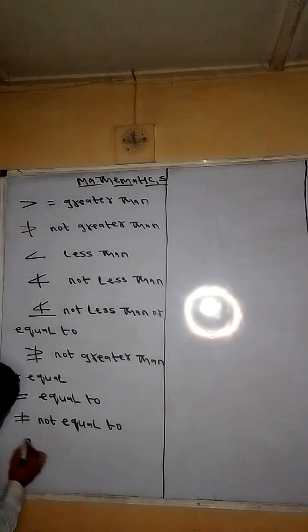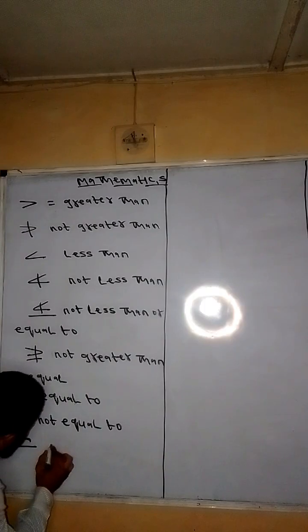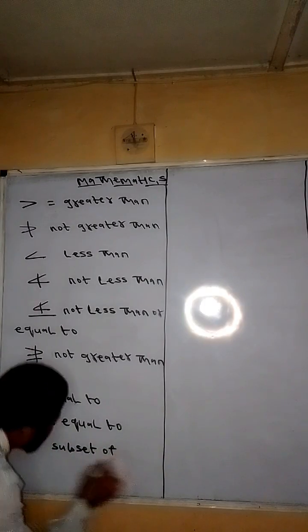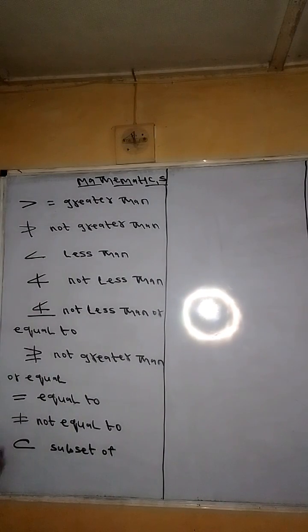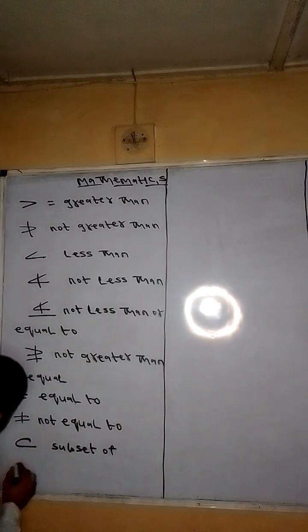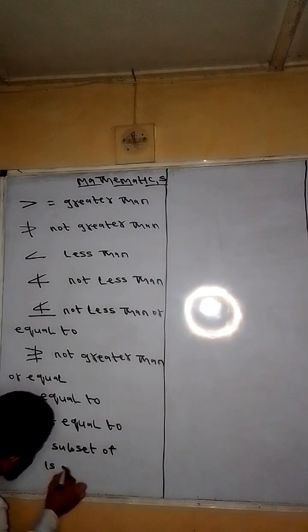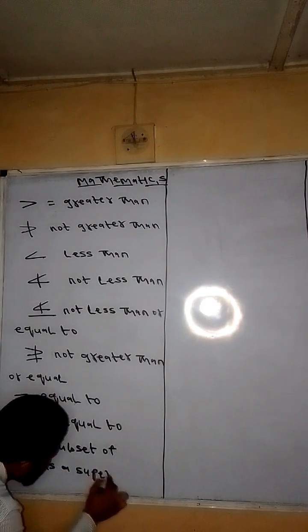Now, if we see something like this, it means a subset of. And what is a subset? A subset is a set that can be taken from another set. So any set that is obtained from another set is a subset. If I turn it like this, it is a superset.